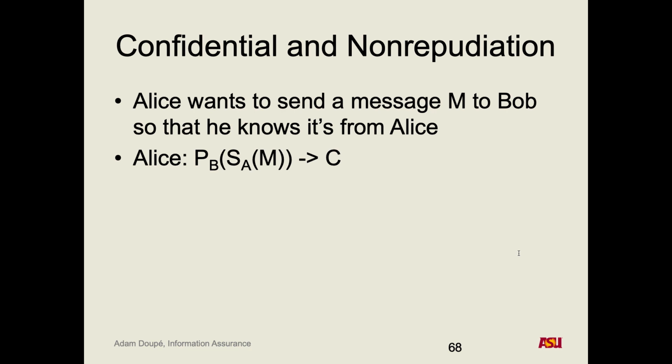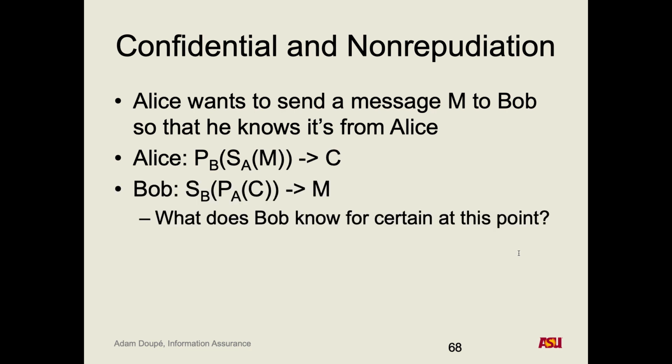Bob's secret key, right? So the secret key of Bob gets rid of that, and then what gets rid of the next layer? Alice's public key, to finally get that message. And so what does Bob know for certain at this point? Yeah, he knows that this message M came from Alice and that nobody else has read this message along the way. Right? So now we actually have a super cool application here.